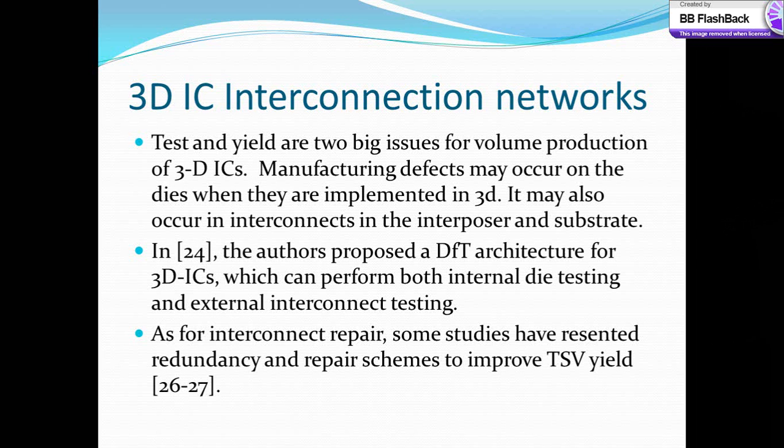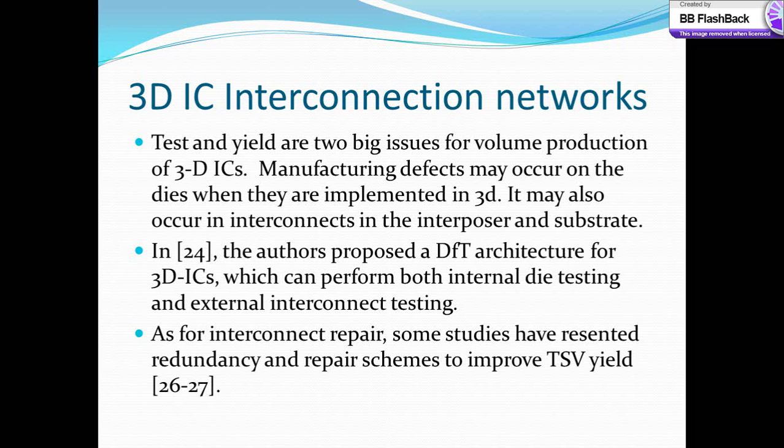The next important thing to consider in a 3D IC chip design is the design of interconnection networks. Whenever we design something, we need to make sure that the yield is good, otherwise the design is fruitless.